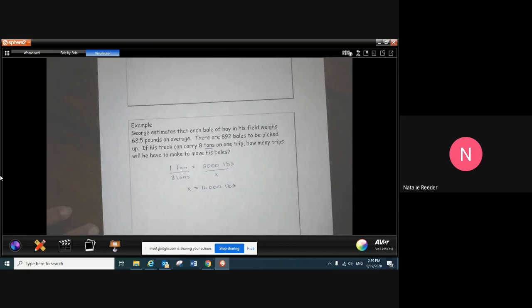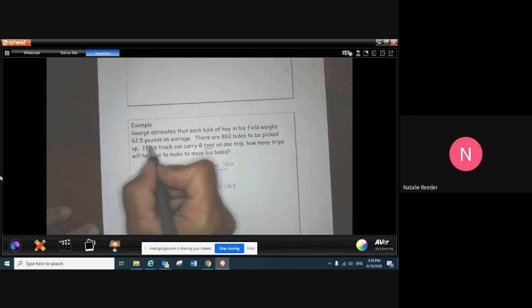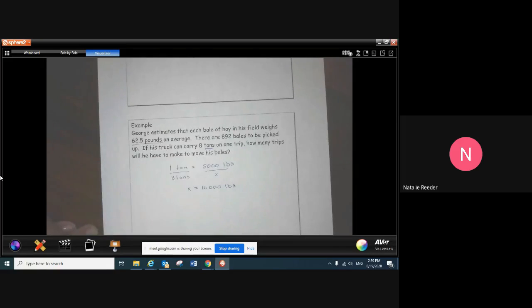So I know that on one trip, the truck can hold 16,000 pounds. Now, one bale is about 62.5 pounds. So how many bales can he actually put on his truck in one trip? Let's divide that by 62.5. That means that 256 bales can be hauled in one load.